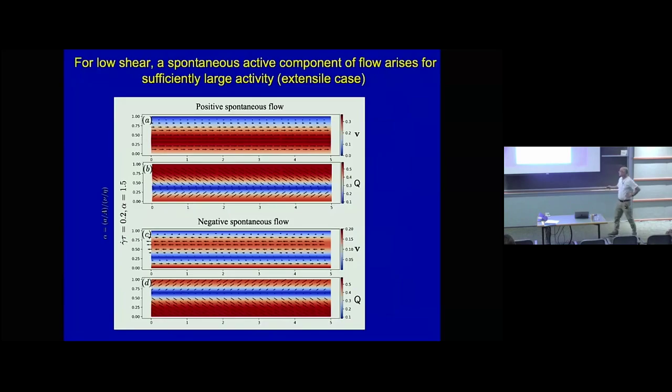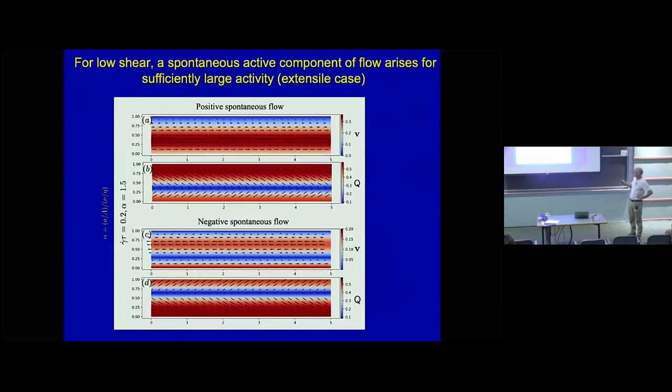So let's just briefly review. Again, this is the only difference here. This is the unidirectional flow state that the system is unstable to at small strain rate. The only difference is now we're moving the bottom plate. So the color red is higher velocity, blue is lower velocity. The top plate is not moving.